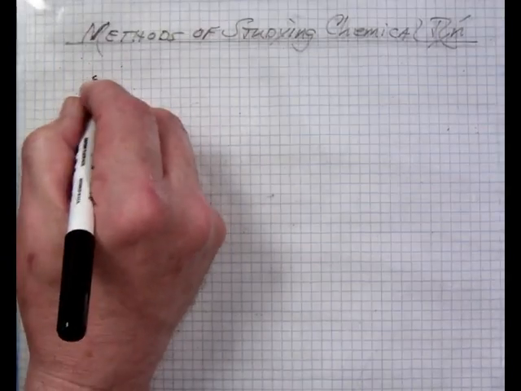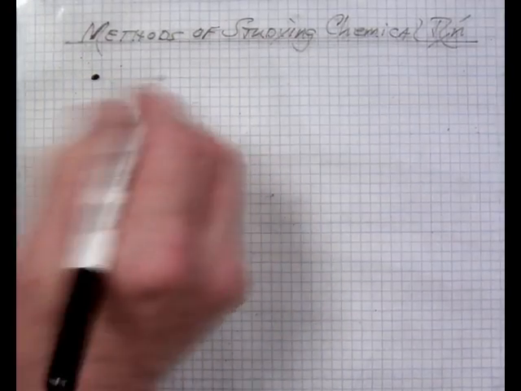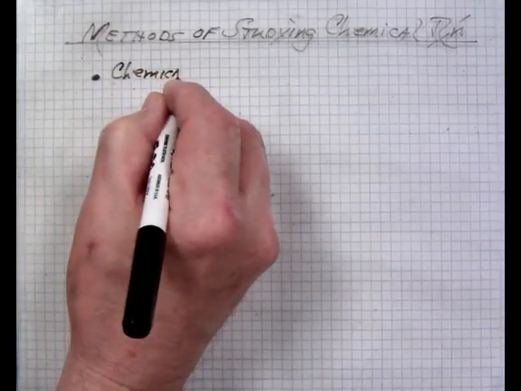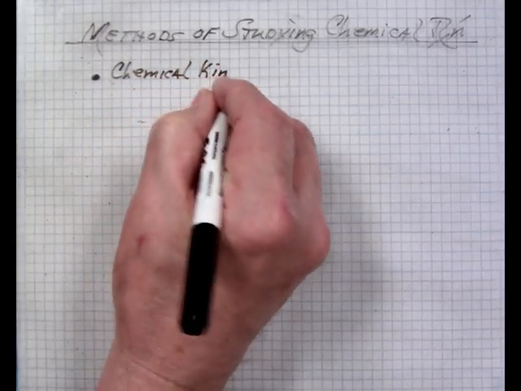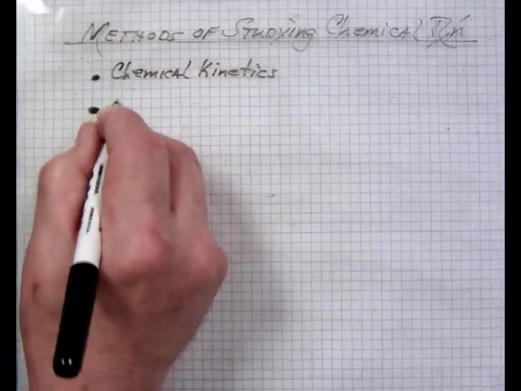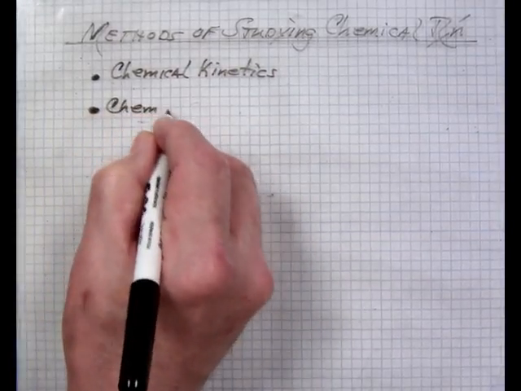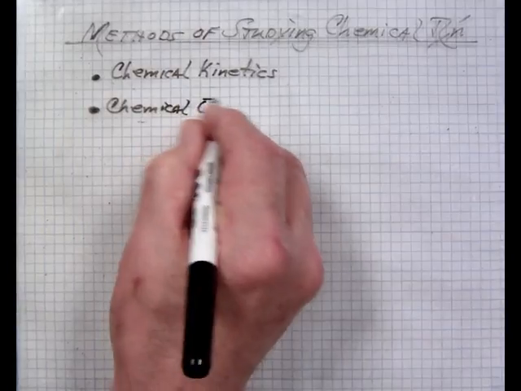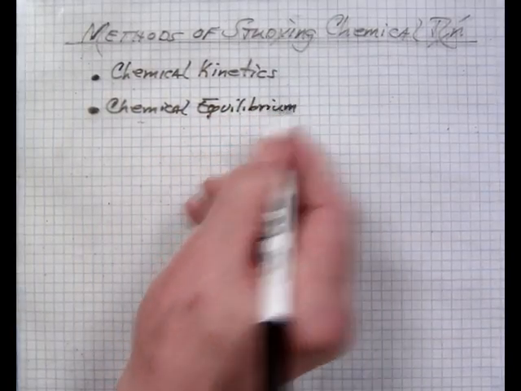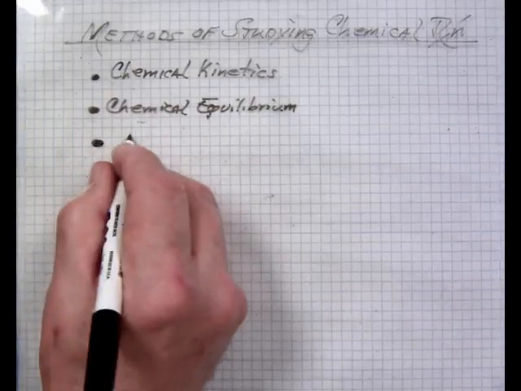Now, in the study of chemical reactions, there are three big picture topics, two of which we've covered in reasonable detail: chemical kinetics, chemical equilibrium, and now chemical thermodynamics.